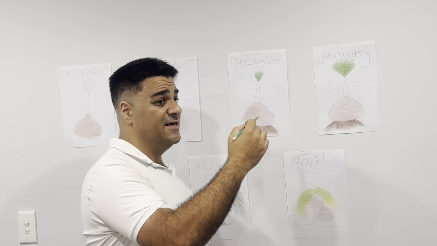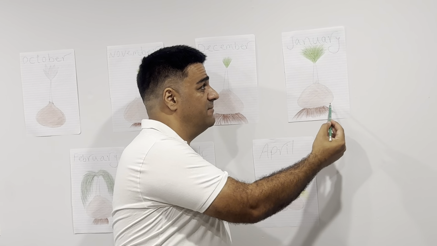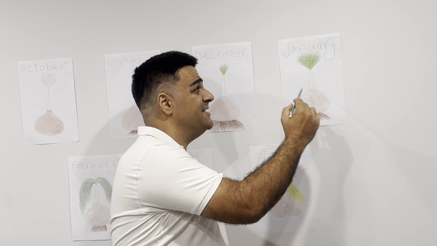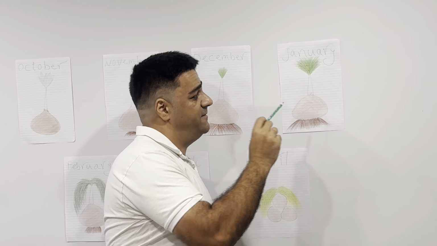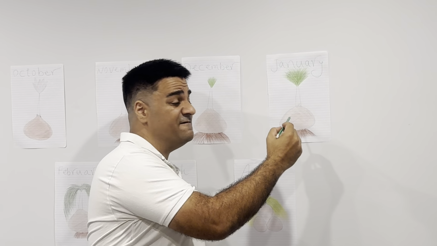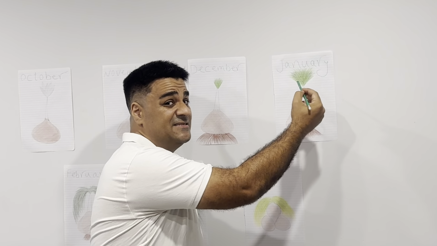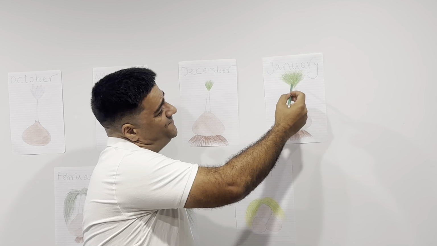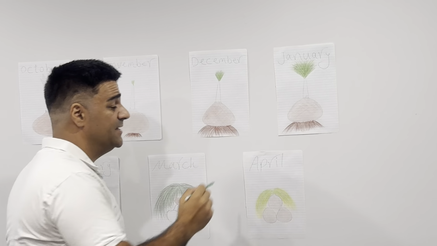When you keep this distance, how many days after finishing flowering you start the propagation, all of these determine whether you have a healthy mother bulb. Even in January, you should keep the mother bulb by giving suitable care, because if you keep the mother bulb, it is able to give nutrients to the roots and the leaves. A strong mother bulb means strong leaves and strong roots in January.